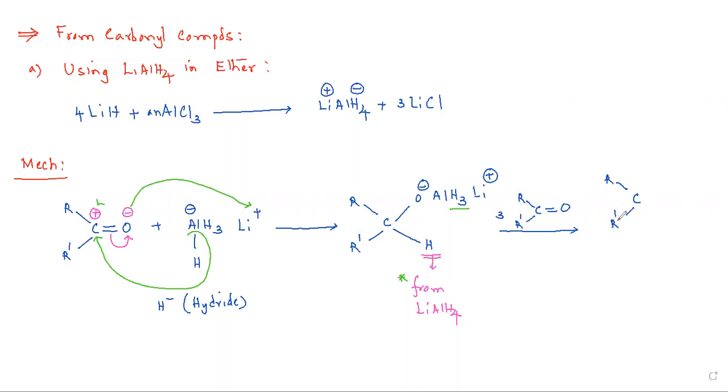R, C, R dash, and this O, this H. But this kind of species, you get 3 more. So a total of 4 will be there now, including the one that we got in the beginning. Then of course we will have aluminium and Li. So because aluminium is connected to 4 species, it has got a negative charge still.